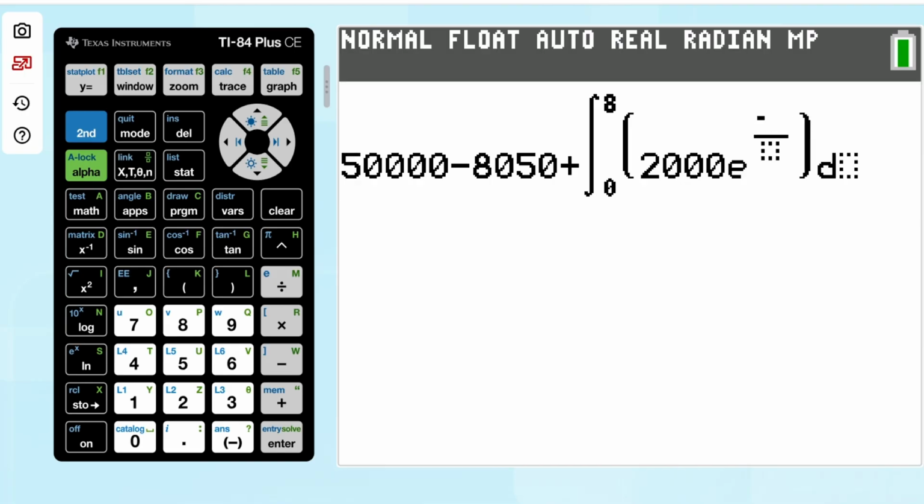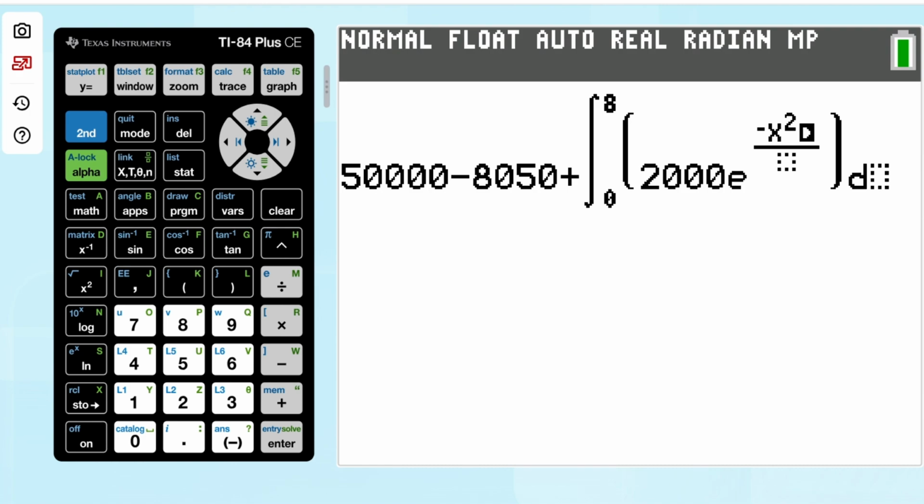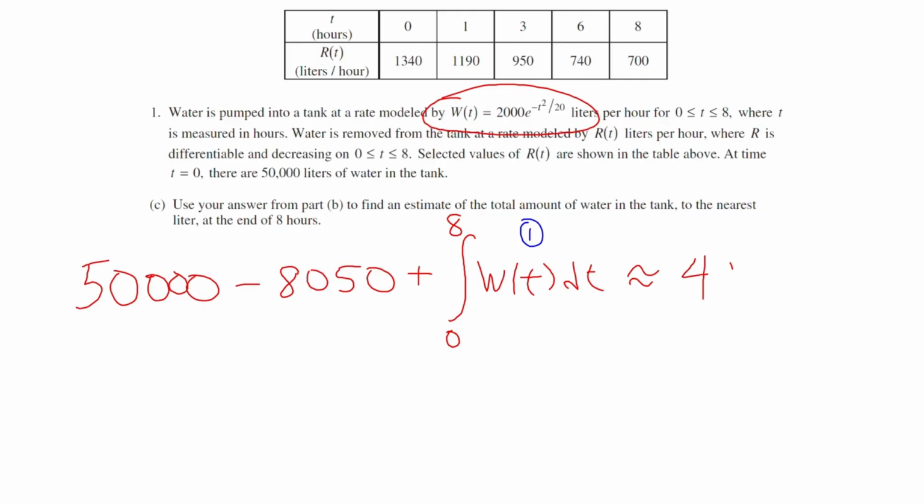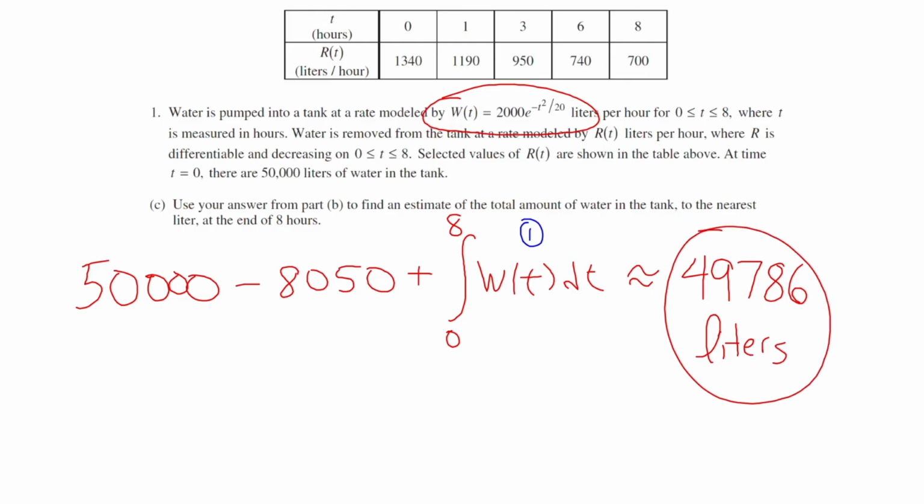Since we're not using t, we're using x, we'll say negative x squared over 20, and we'll go outside of our integral here, put our dx, and get 49,786.19532. It asks us to round to the nearest liter, so that'll be 49,786. And just getting that answer there is the second point for part C.